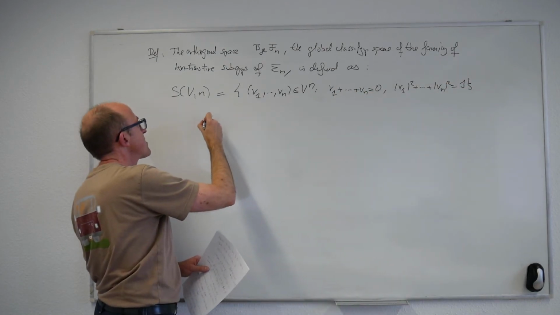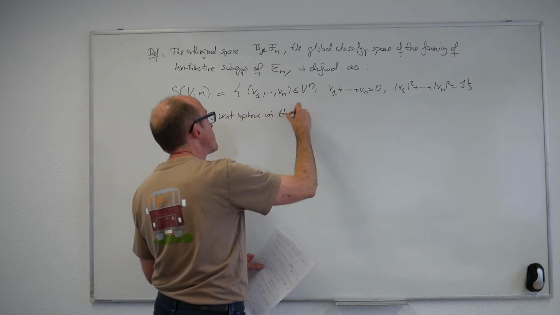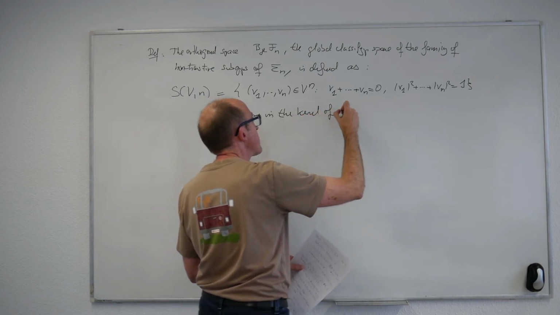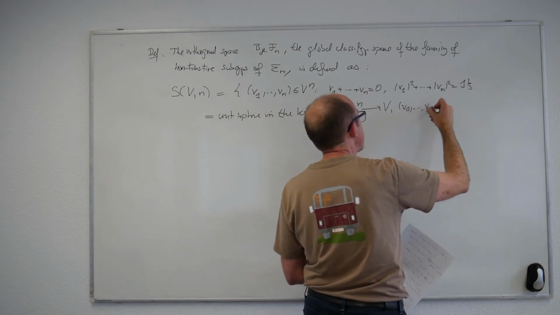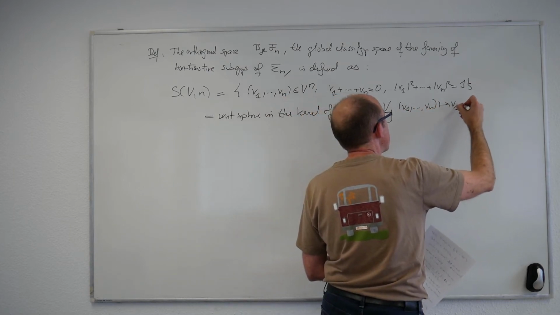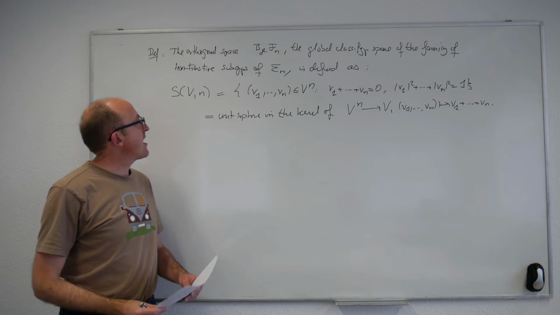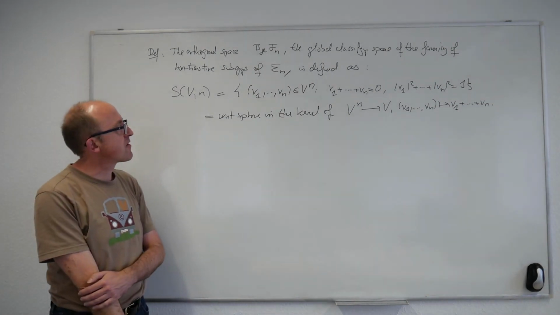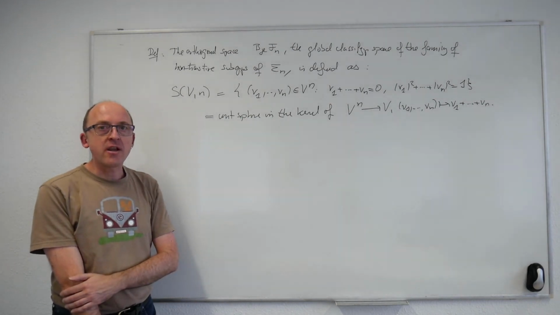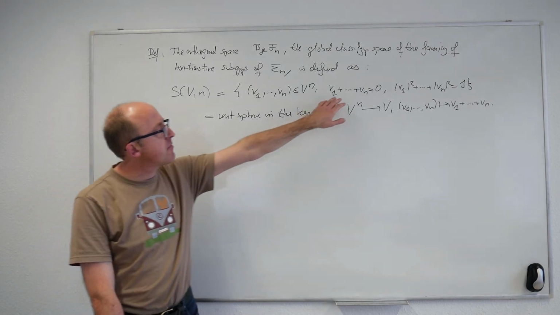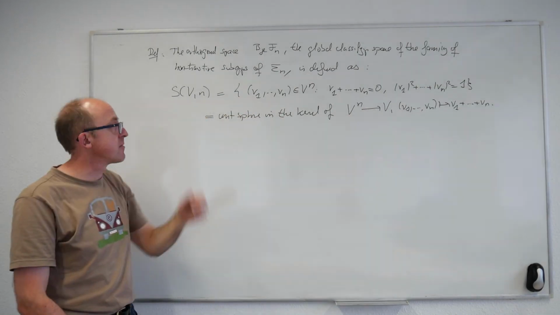A different way to say this is the unit sphere in the kernel of the summation map. This orthogonal space at every inner product space V has an action of the symmetric group simply by permuting the entries. And it's also clearly functorial in linear isometric embeddings in V, because linearity means that the sum-zero condition is preserved, and an isometric embedding preserves the length condition.